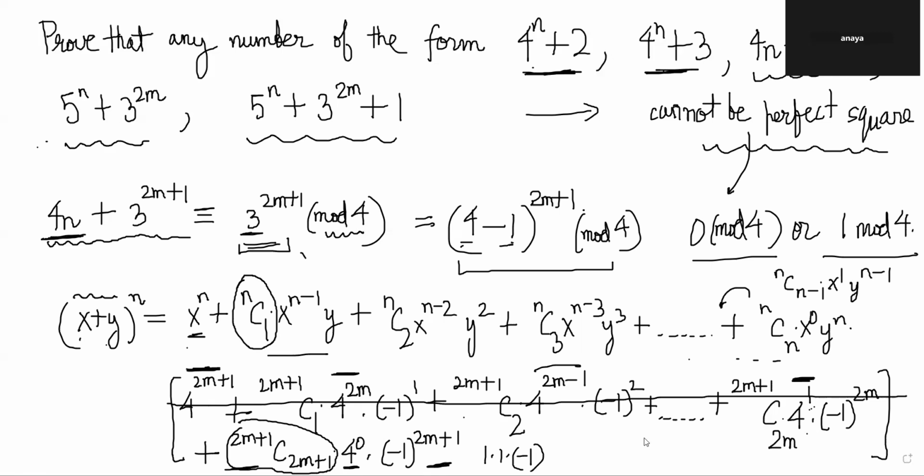So we can easily say that it is of the form 4k minus 1, right? This whole number is of the form 4k minus 1. Basically, that means it is minus 1 mod 4, right? Or minus 1 mod 4 can be thought of as 3 mod 4, right?